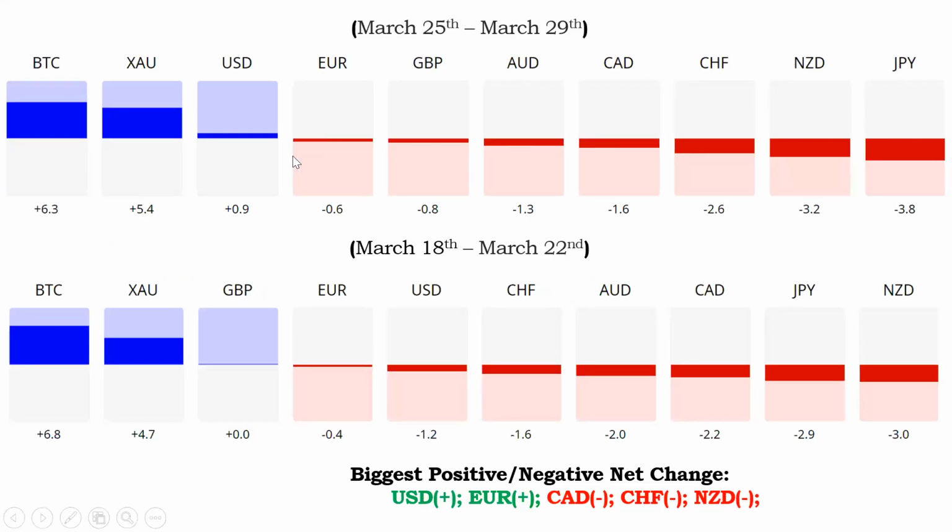Some of the pairs we traded last week are also reappearing this week on the Euro pairs. But let's look at how to derive what we'll be trading this week. So this week, March 25th through to 29th, we'll see the dollar making it into the positive side of things, from negative 1.2 to now positive 0.9.